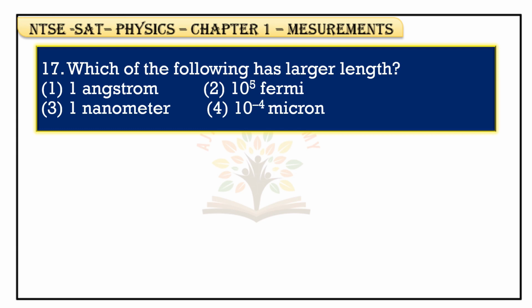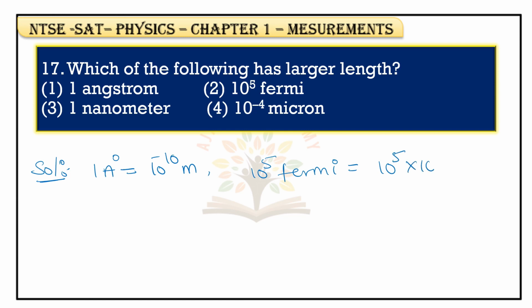Now we'll discuss. 1 Angstrom is equal to 10 to the power of minus 10 meters, and 10 to the power of 5 Fermi is equal to 10 to the power of 5 into 10 to the power of minus 15 meters. So this implies 10 to the power of minus 10 meters.